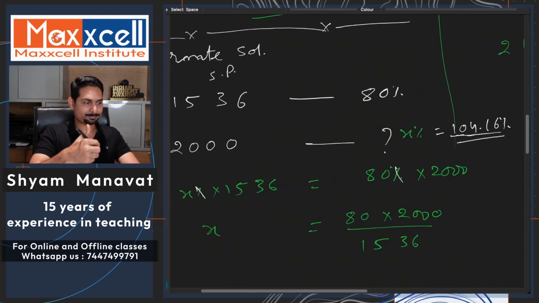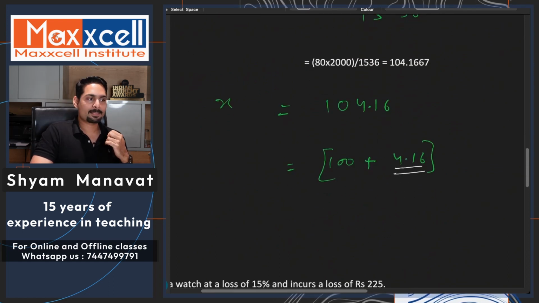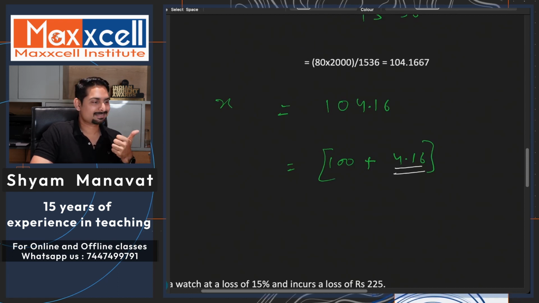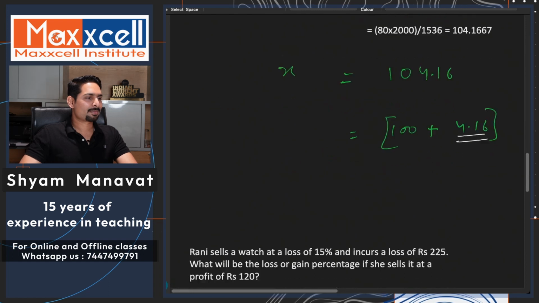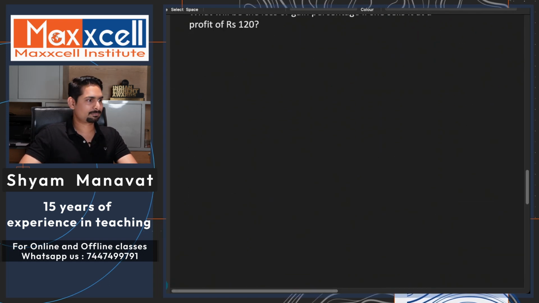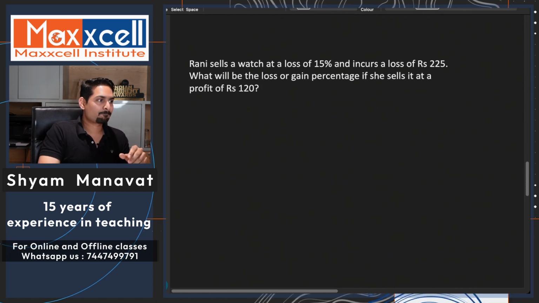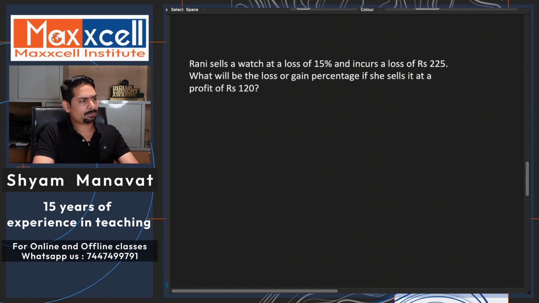I hope that's clear. So what is 100 plus? So 100 plus 4.16. So the answer will be 4.16% profit, because that is extra. Correct? Now you can solve this particular question with whichever method you like. First method, I hope that's clear.